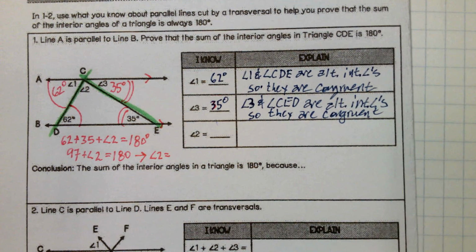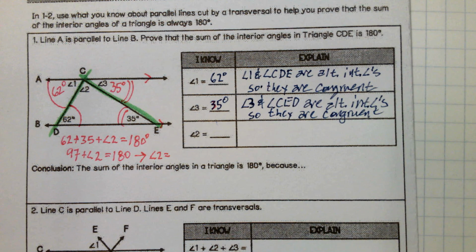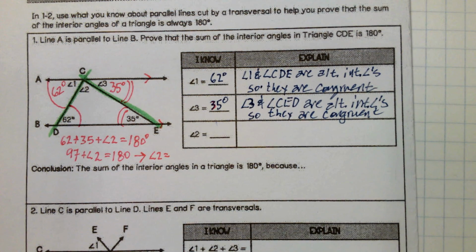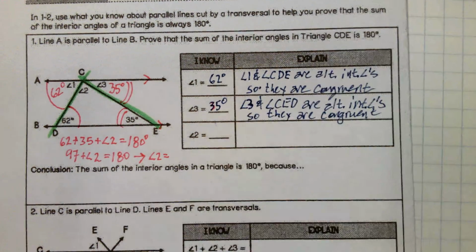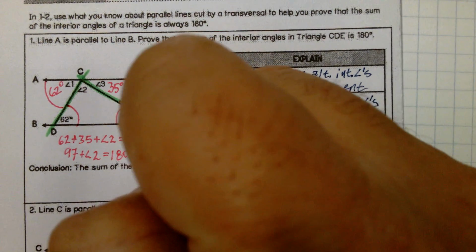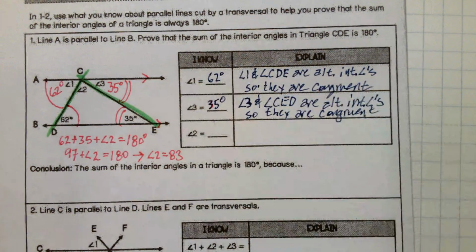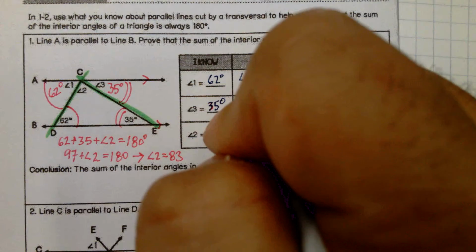And that would be what? Help me out. 180 minus 97. Oh, 83. What do you get? 83. It's 83. So this is 83 degrees.